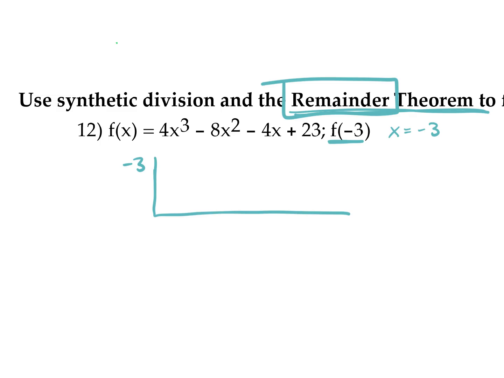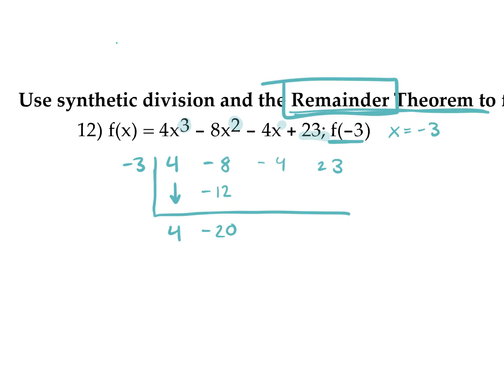Inside the box, let's make sure we're not missing any terms. We have the 3rd power, 2nd power, 1st power, constant, so we are good to go. We're not missing anything, so we're just going to put our coefficients in the box. 4, negative 8, negative 4, and 23. So first thing we want to do is drop down the 4, multiply on the outside, we get negative 12. Add on the inside, negative 20.